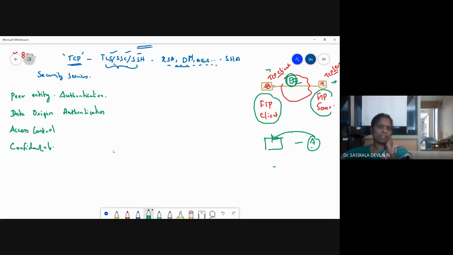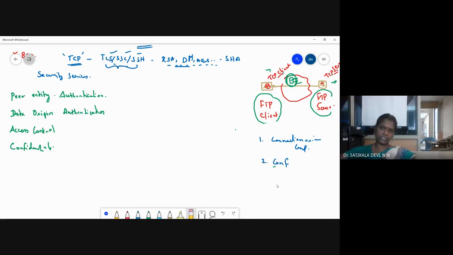But in confidentiality, there are three different subcategories available. One is connection-oriented confidentiality. The second one is connectionless confidentiality.